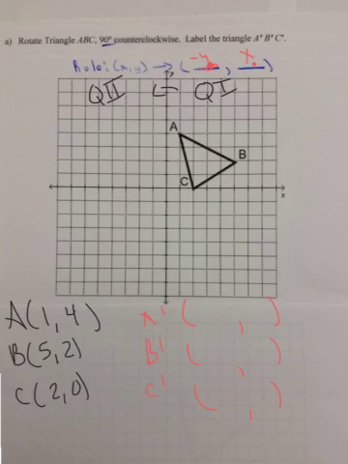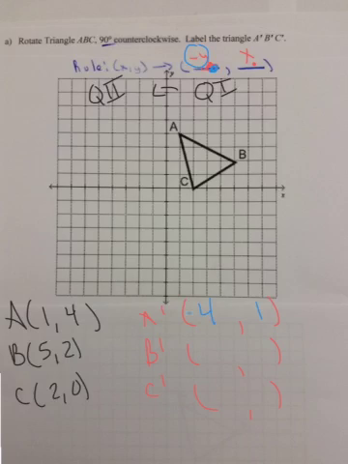So we had (1, 4) for A. Y is listed first in our rule, so our y is going to come first, 4, and then put our x. But notice we have this negative in front of the y, which means we're going to change the sign. So since that was a positive 4, we're going to make it a negative 4.